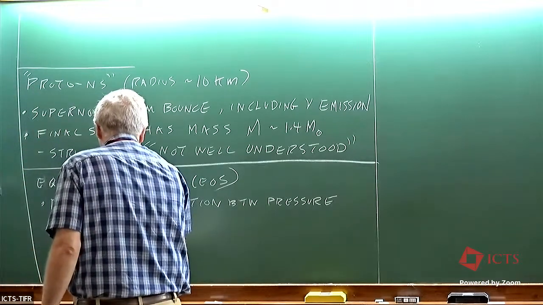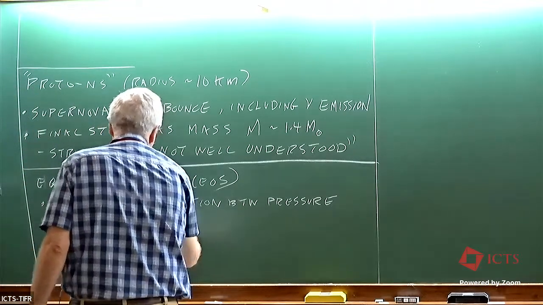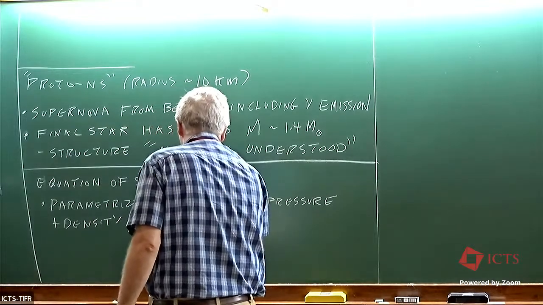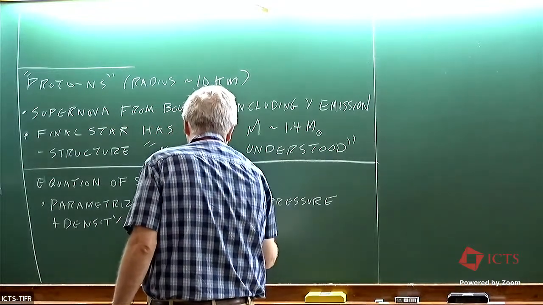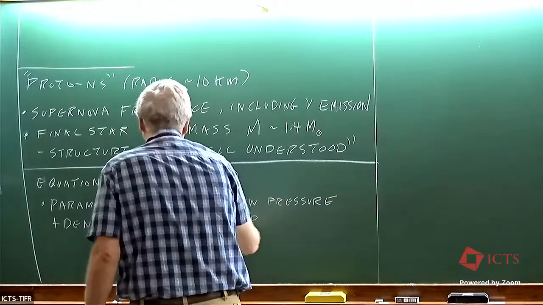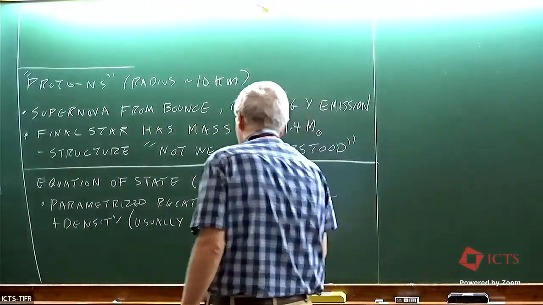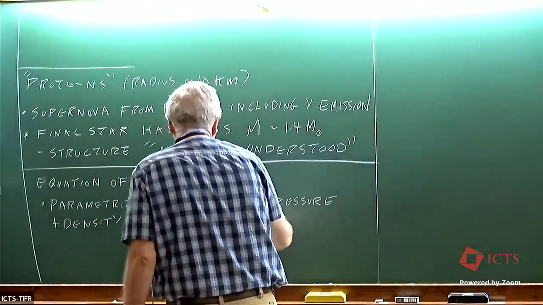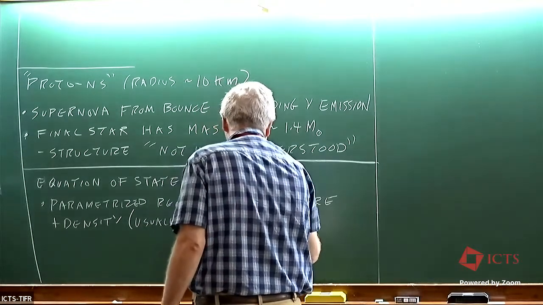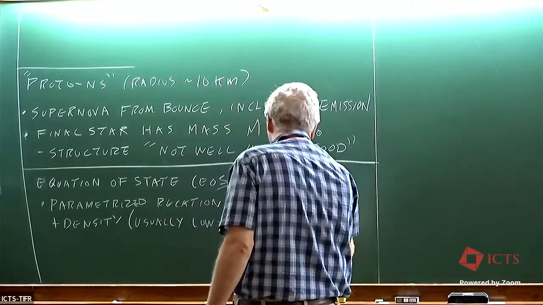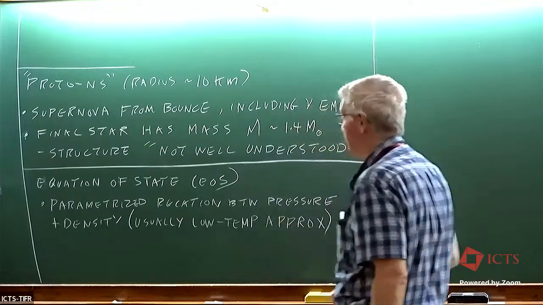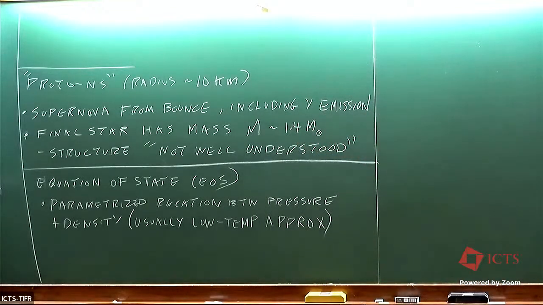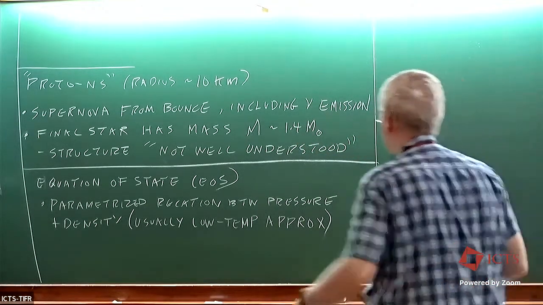And we usually make a low temperature approximation because the temperature of neutron stars that have any age to them at all typically is well below the Fermi energy for the neutrons. And so it's not unusual to just ignore any potential temperature variations.